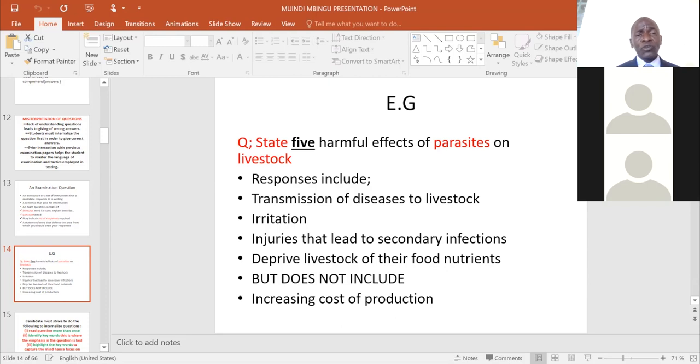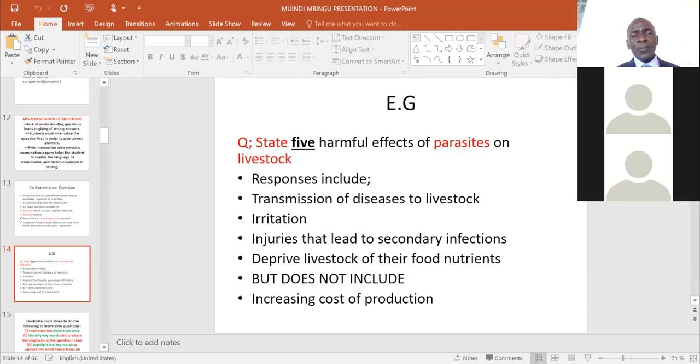So it is advisable to read a question more than once. Of course, for this particular question, your responses would include transmission of diseases to livestock. Some parasites transmit diseases to livestock, irritation of the livestock, injuries that lead to secondary infection.